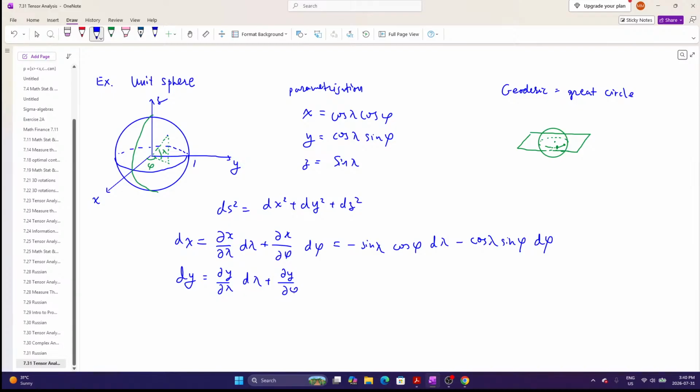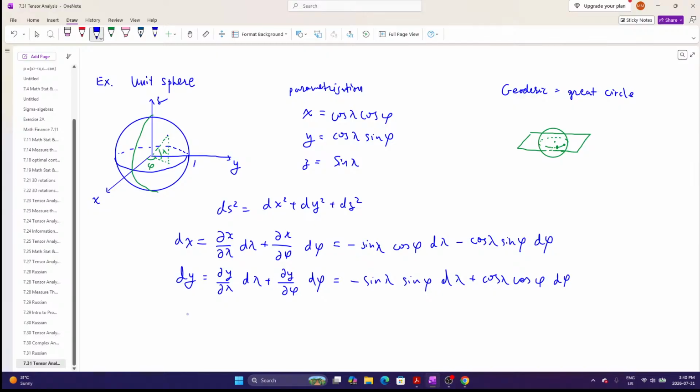And doing the differentiation, you get minus sine of lambda sine of phi d lambda, plus positive cosine lambda cosine of phi d phi.